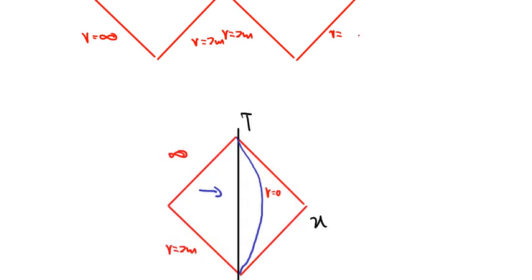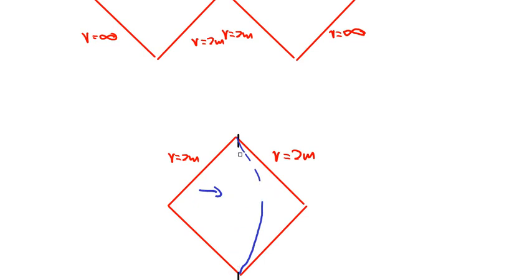So this is r equal to infinity, and this was r equal to m. We need to rotate to match through r equal to 2m. So that's what I'm going to do now. Rotate. But we no longer need this, so I just delete this.